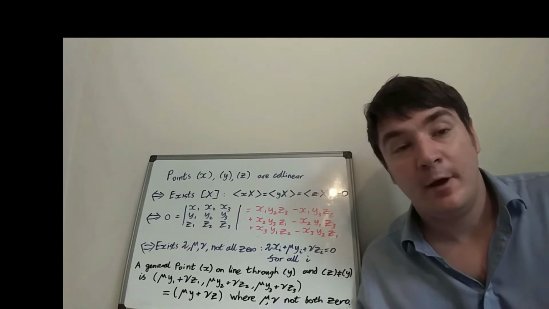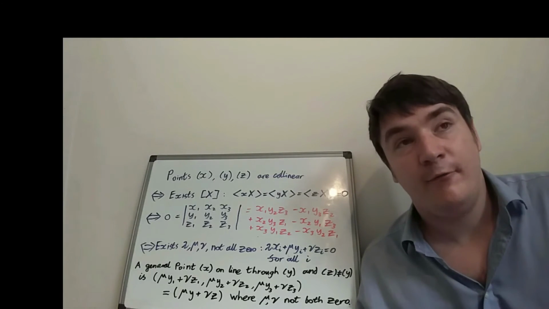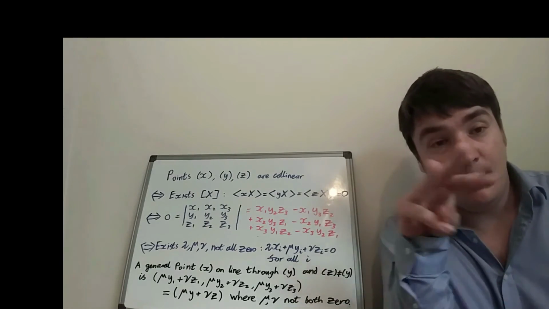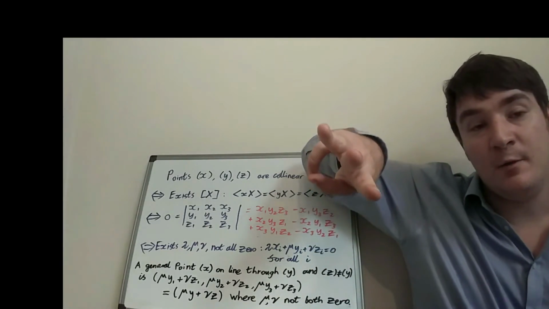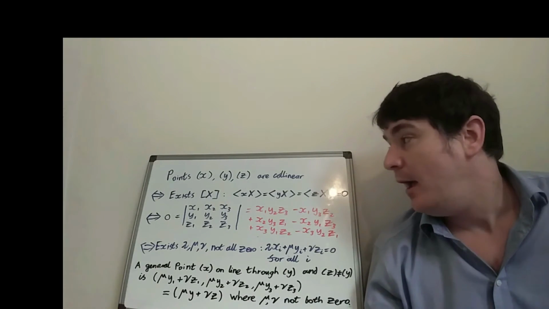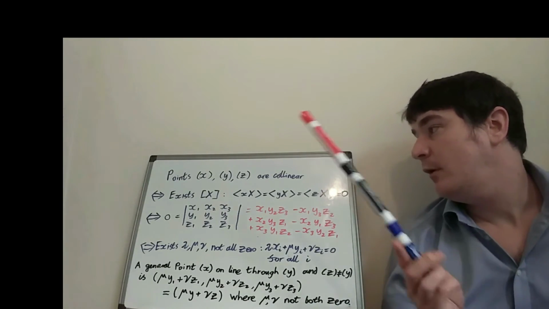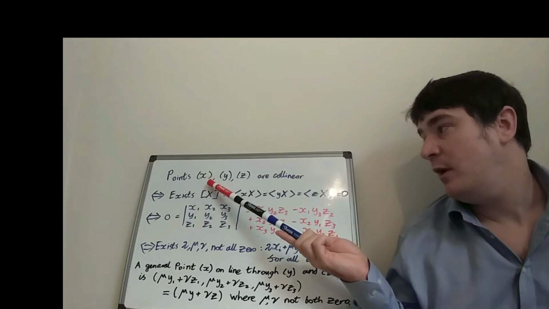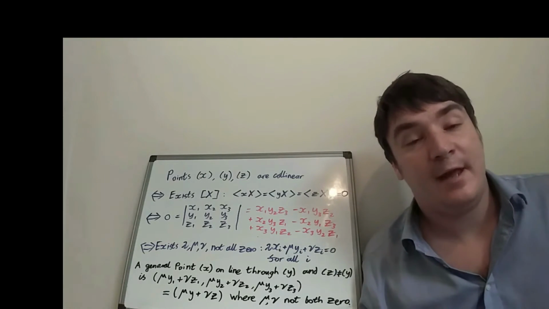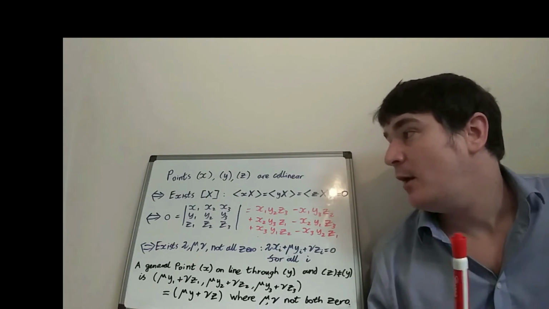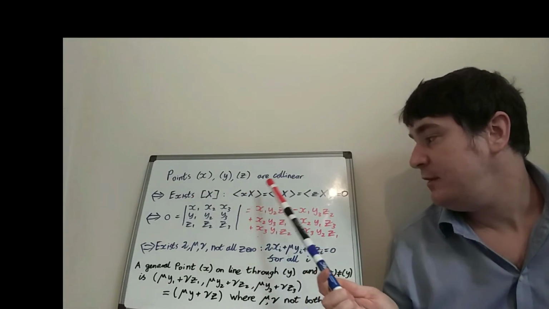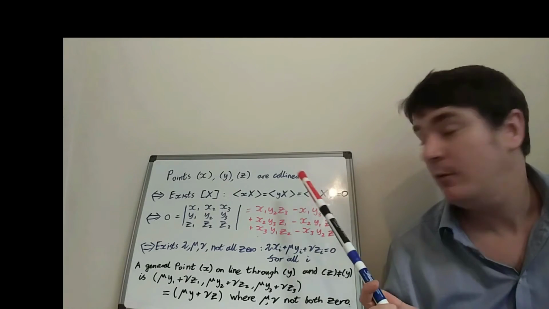Okay, so now we're going to move forward and look at some expressions for important things, in particular when 3 points are in a line with each other, or collinear as we say. And so when are 3 points x, y and z collinear? Well, just by the definitions, they'll be collinear when there exists a line capital X such that these products here all equal 0.